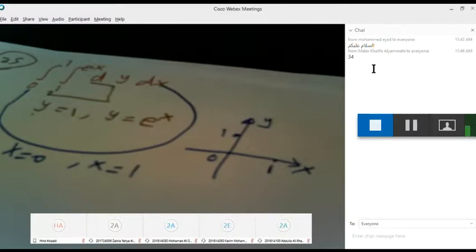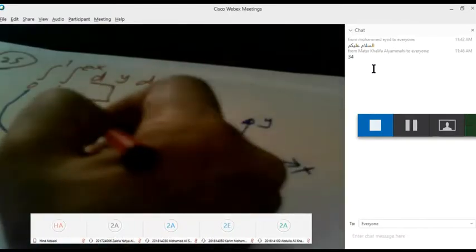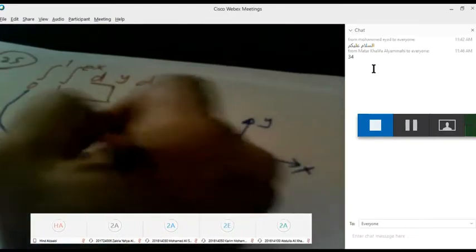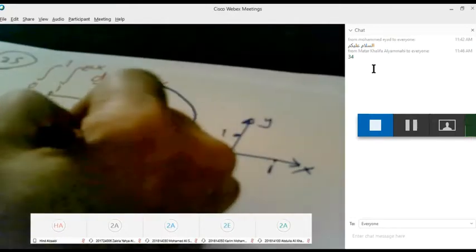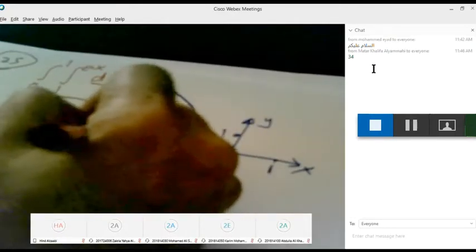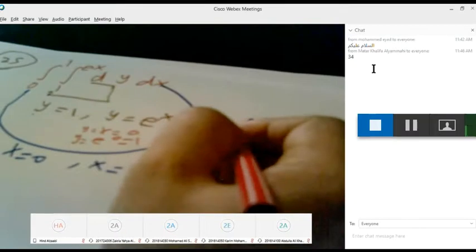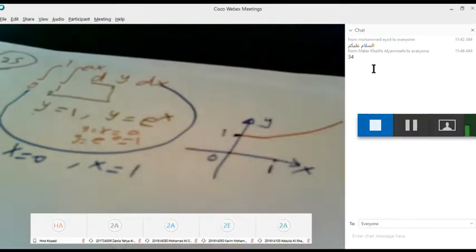When x equal to 0, I have the relation between x and y explained by the curve y equal to e to the x, which is an exponential function. If x equal to 0, it will be e to the power 0, which is 1. So I will start from 1. And then I end up with x equal to 1. So when x equal to 1, I have e to the power 1, which is e.